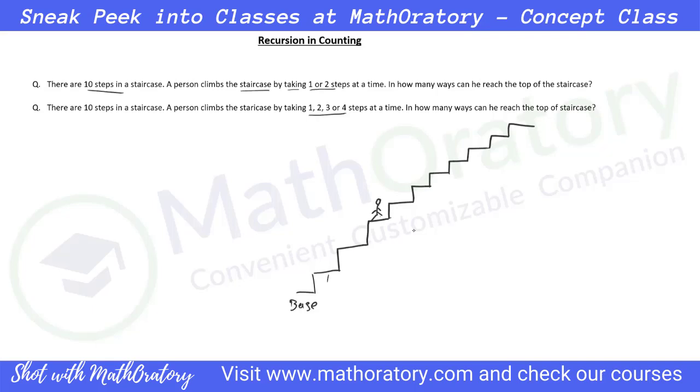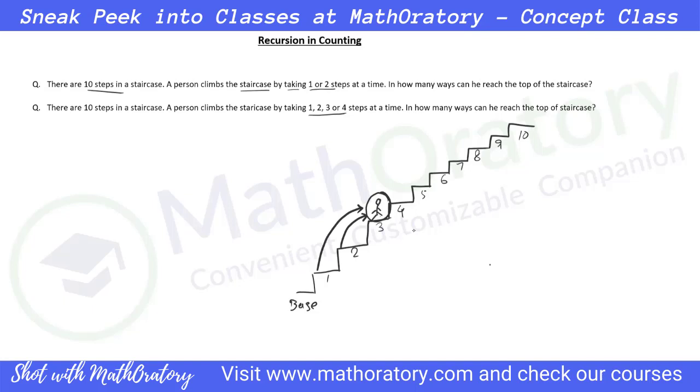So this is step number 1, step number 2, and this is the 10th step. Let us visualize it in this way: how could he have reached step number 3? Now, because he can take one step or two steps at a time, he could have reached 3 directly via 2 or directly via 1, right?